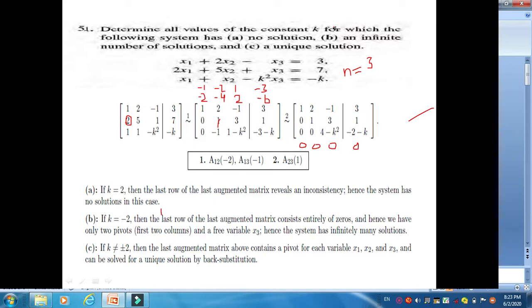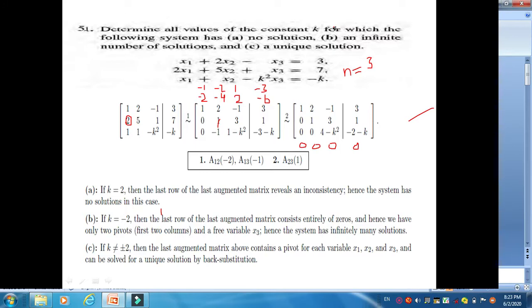Right? So third, part C, we want to find a unique solution. How do we obtain the unique solution here? We find the unique solution by plugging different values of k in the last matrix. If you plug in all values of k except plus or minus 2, we obtain a unique solution condition.